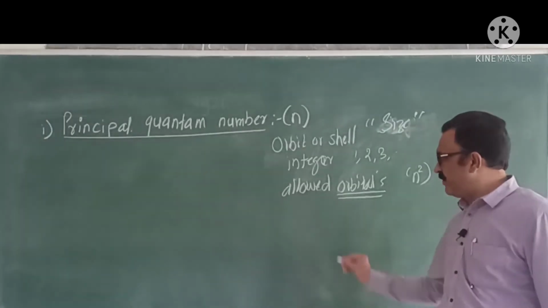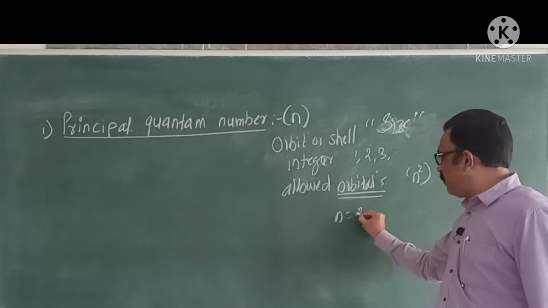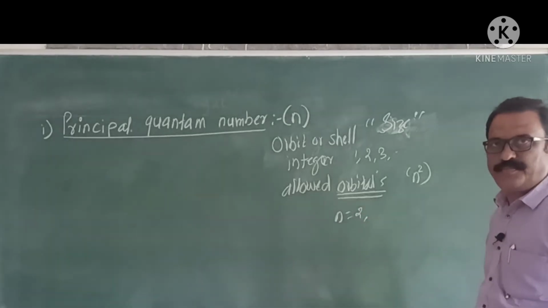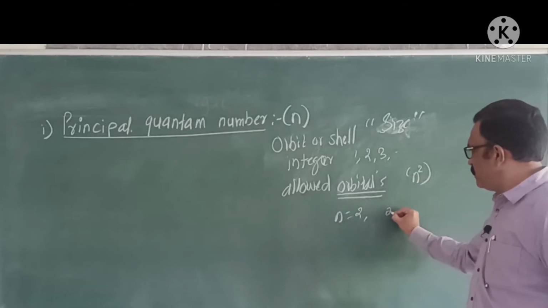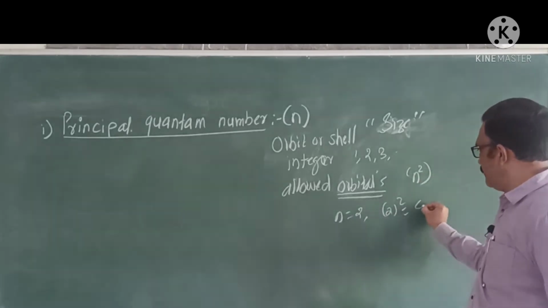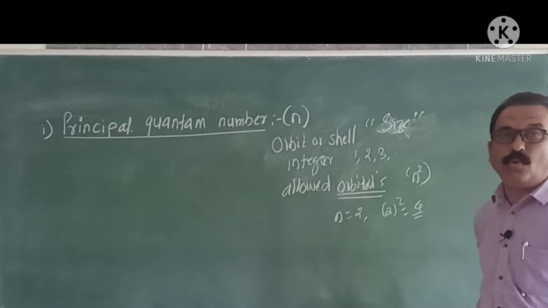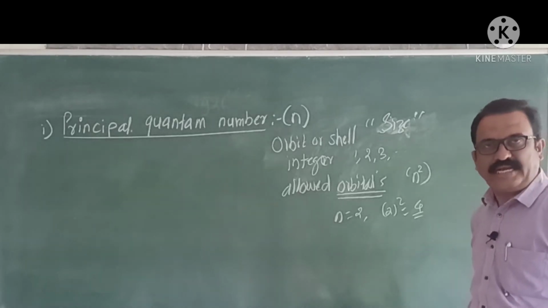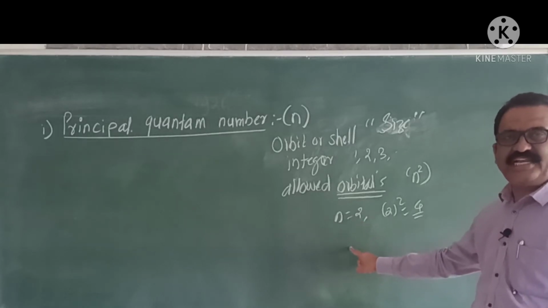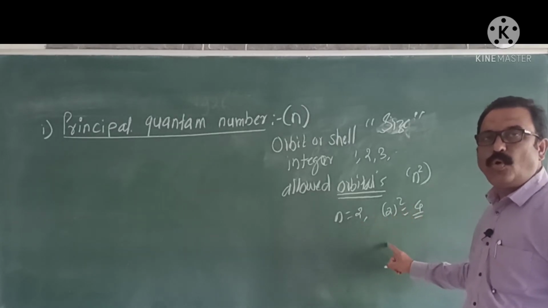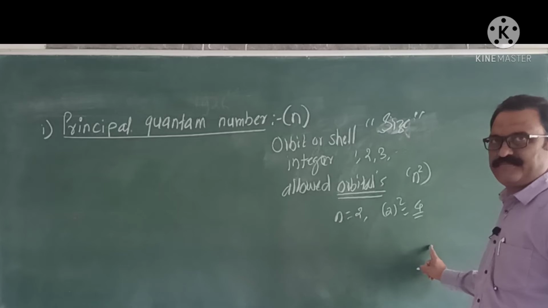For example, when n is equal to 2, the number of orbitals becomes 2 square, which is equal to 4. That is, the second orbit or second shell contains 4 orbitals.